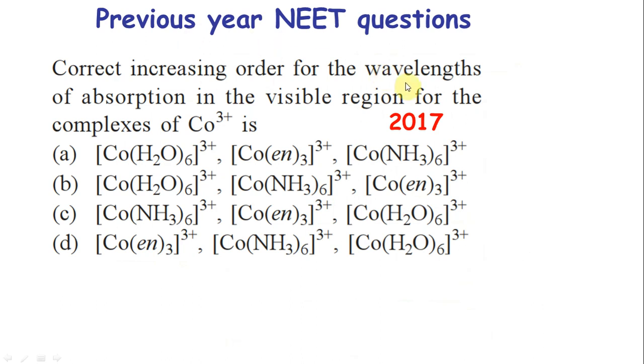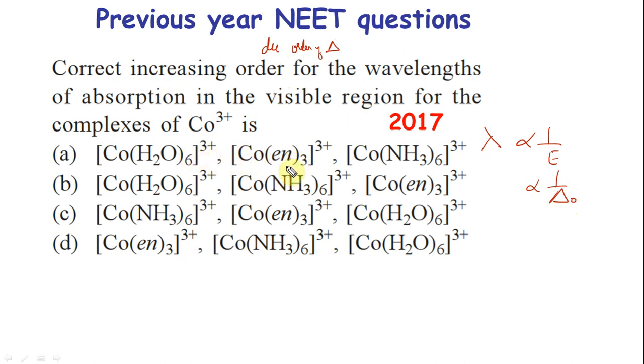Alright, let's look at a few previous year questions. That's the only way to know. Correct order of increasing wavelength: lambda is inversely proportional to energy, or inversely proportional to delta naught. They are asking increasing order of wavelength, or decreasing order of lambda. Decreasing order of lambda means basically CFSE order.